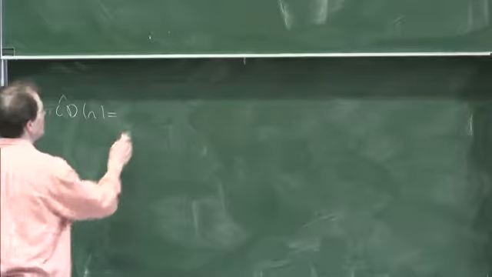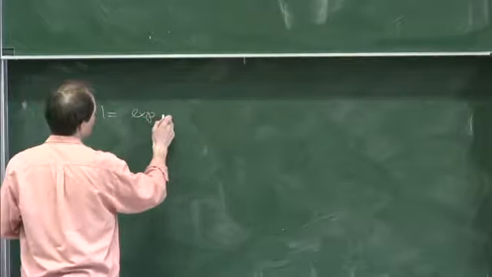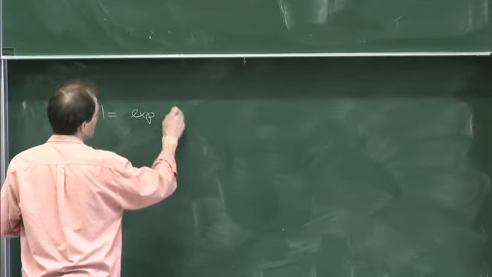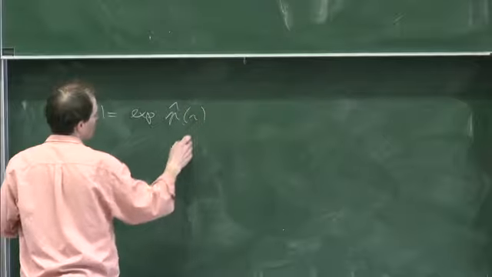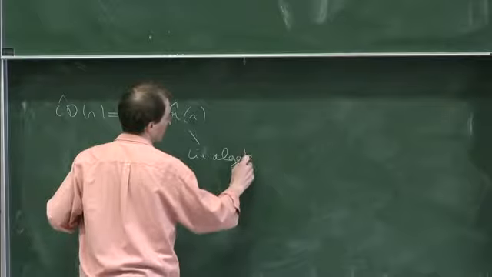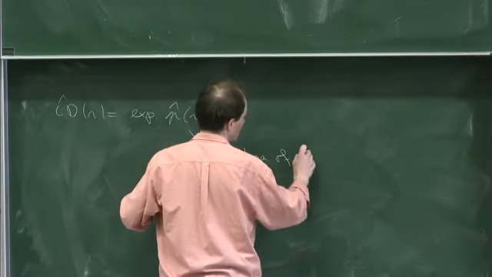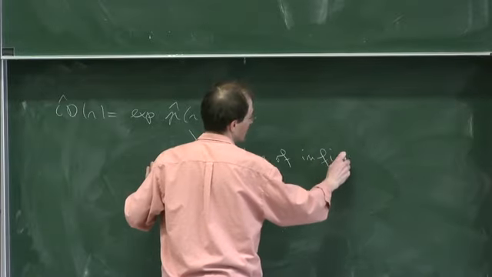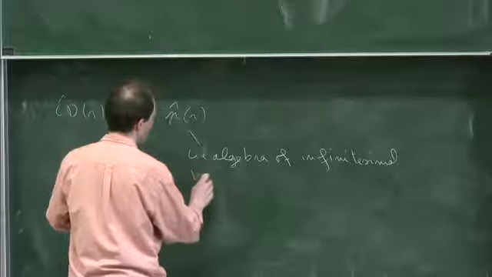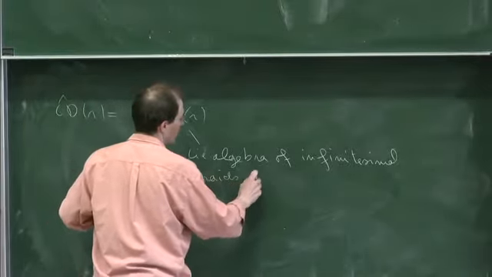You have only one object, and the morphisms in these groupoids are formal exponentials of an object which I will denote by PR. This is the Lie algebra of infinitesimal braids on R strands.